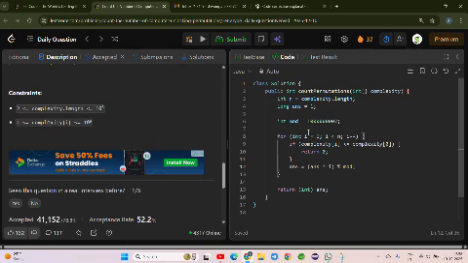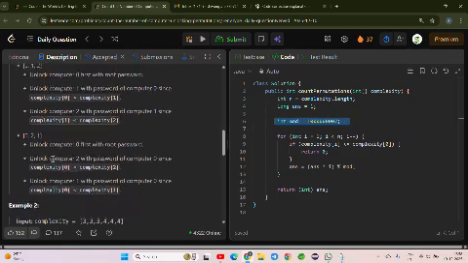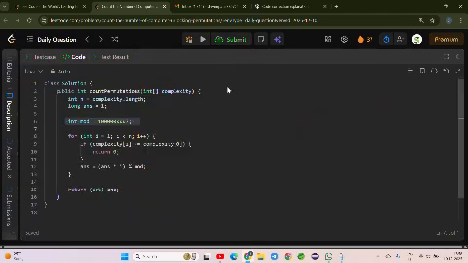At the end of the day you are already taking modulo 10 to the power 9 plus 7, so it's okay. So this is the solution. It's a very easy solution, I would say, but understanding the problem is difficult.